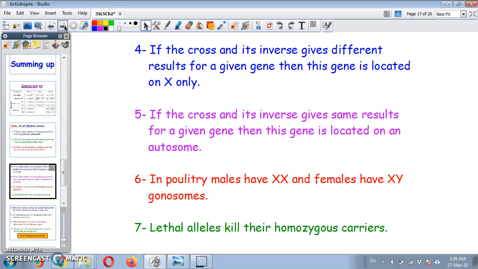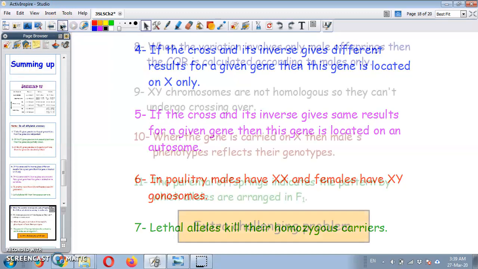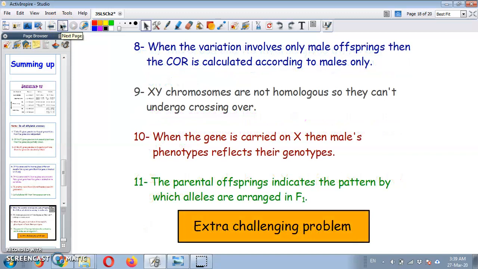The sixth one, in polytry, males have XX and females have XY gonosomes. The seventh one, lethal alleles kill their homozygous carriers. So lethal alleles are the alleles that kill only their homozygous carriers.